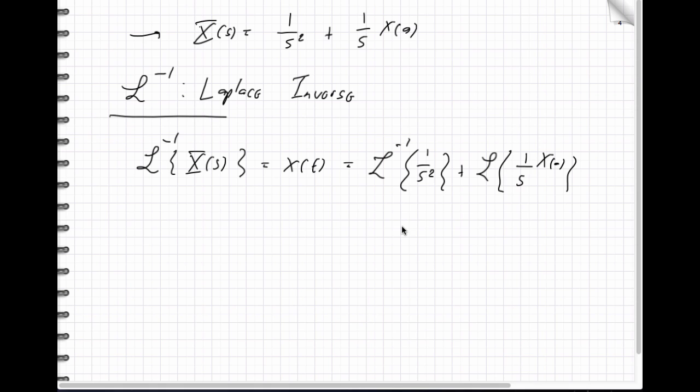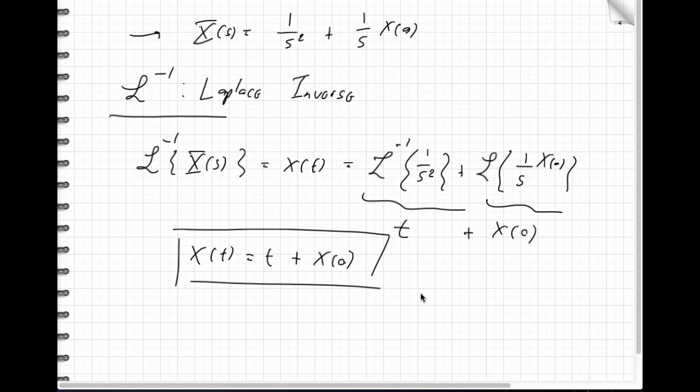We're just going to go to the lookup table and find the pair that matches 1 over s squared. We already did this in class, and hopefully you're thinking this is t, and that the Laplace inverse of 1 over s is 1 times x naught, so you get plus x naught. And that completes our problem. So x of t equals t plus x naught. That matches with the first method we solved.